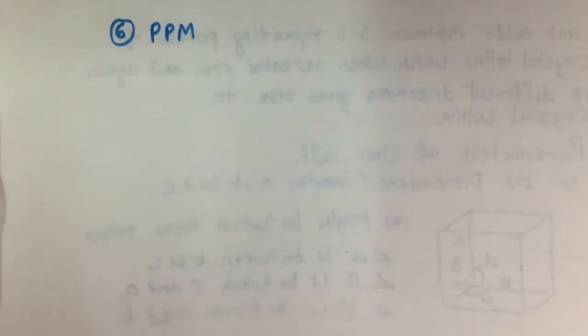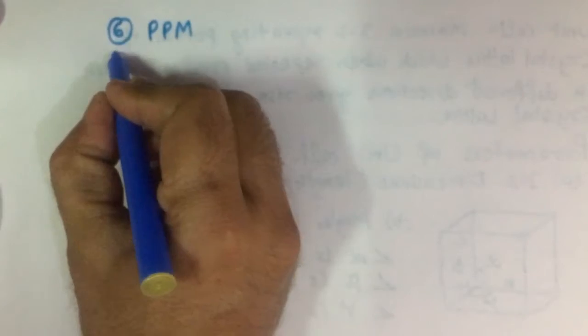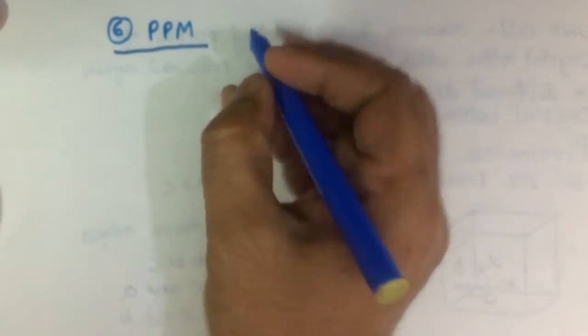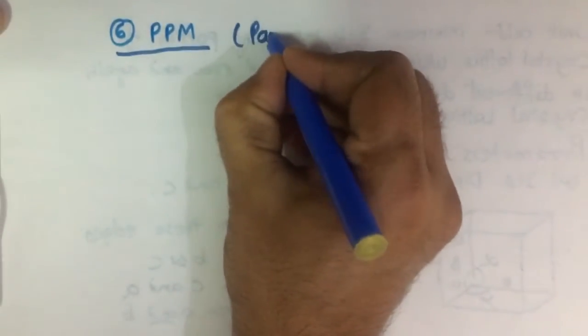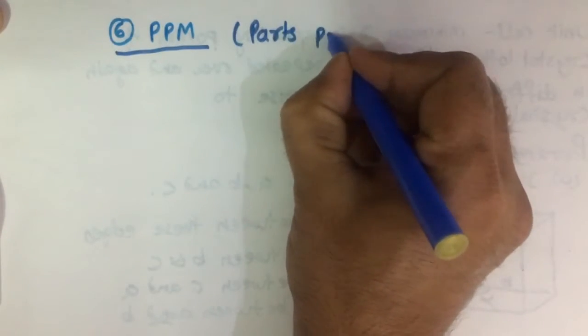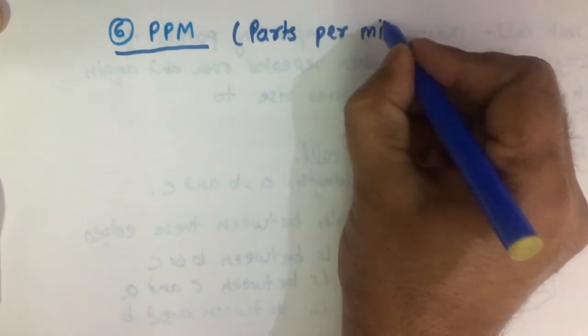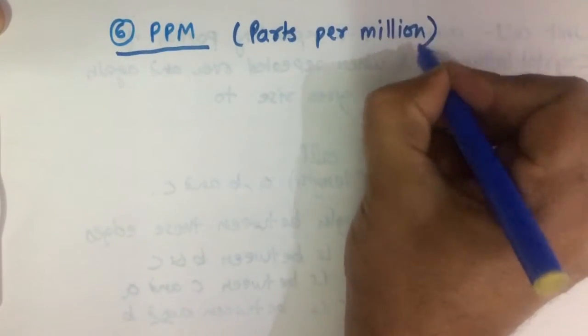Next method of expressing concentration is ppm. ppm stands for parts per million.